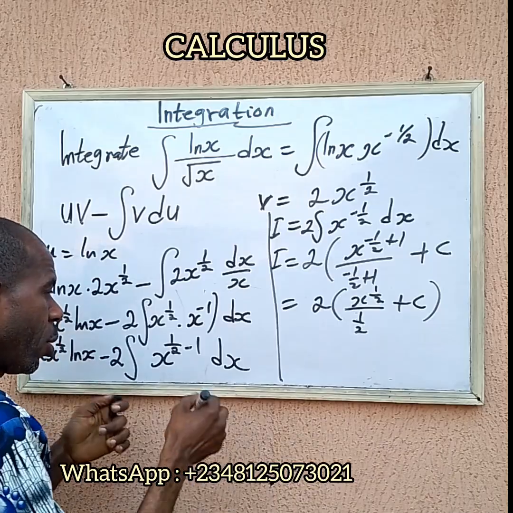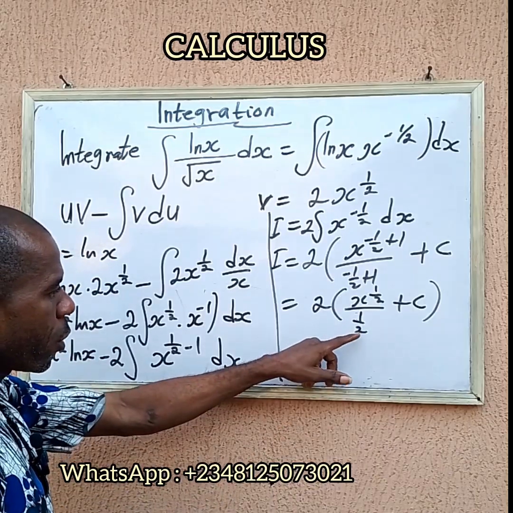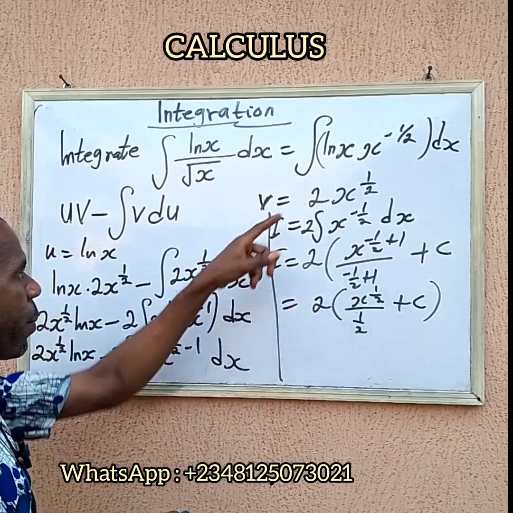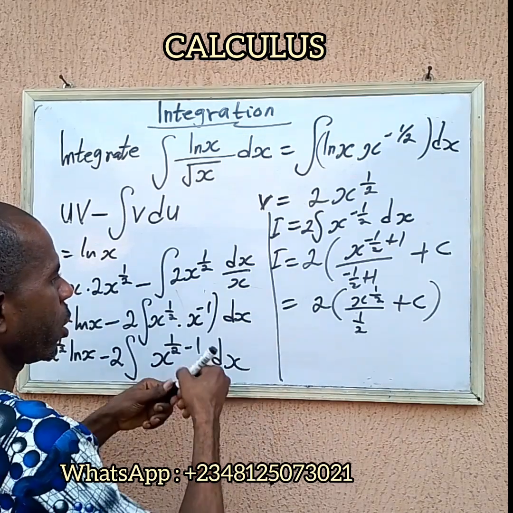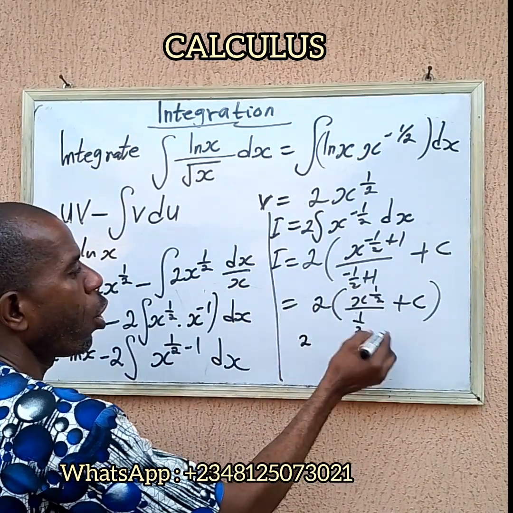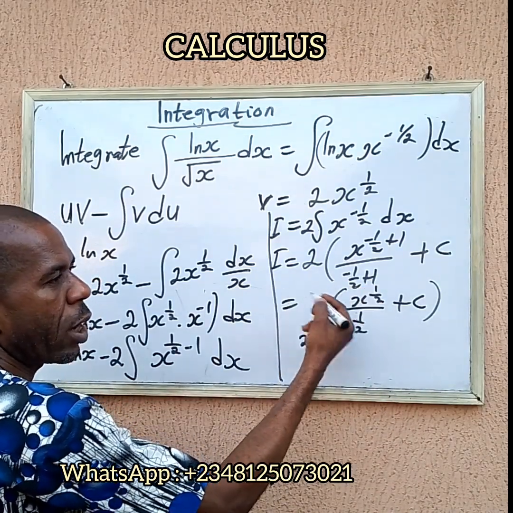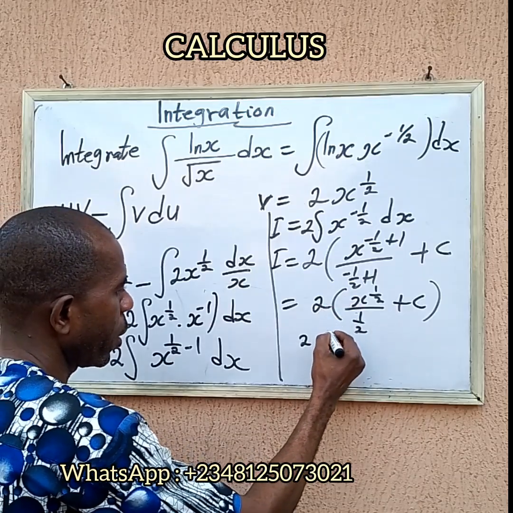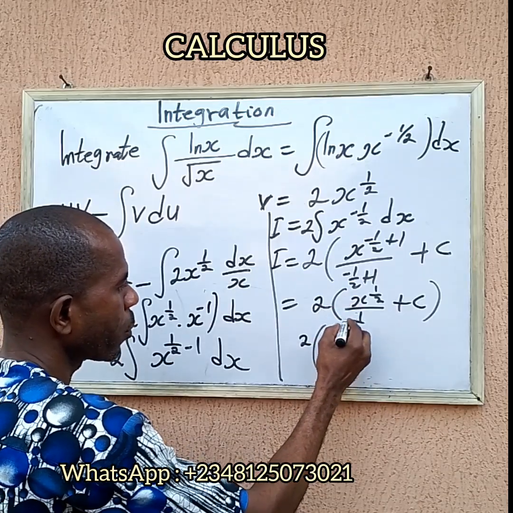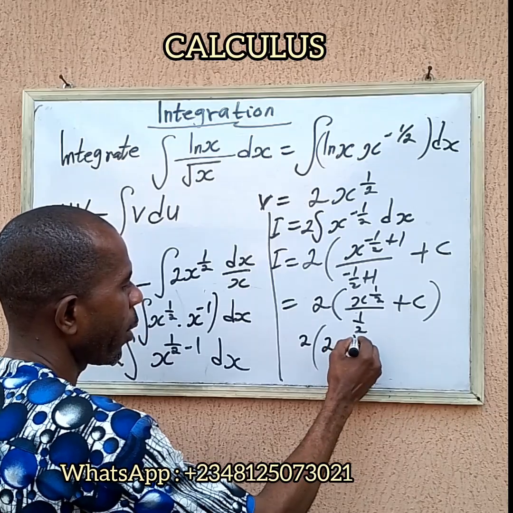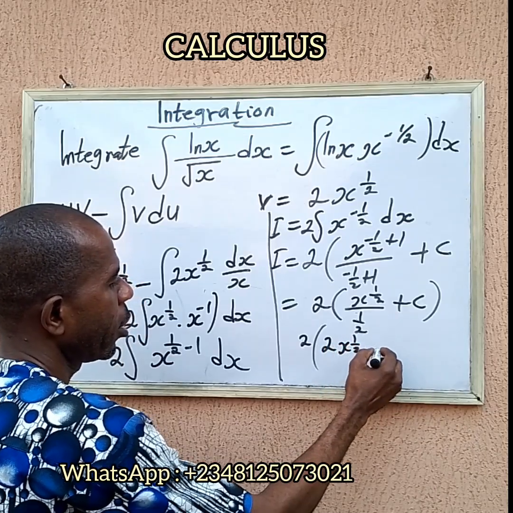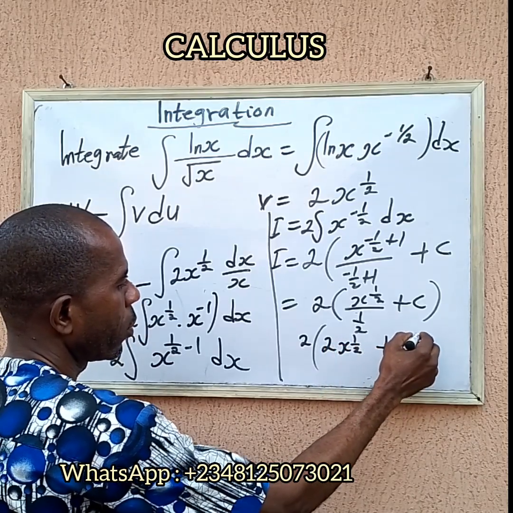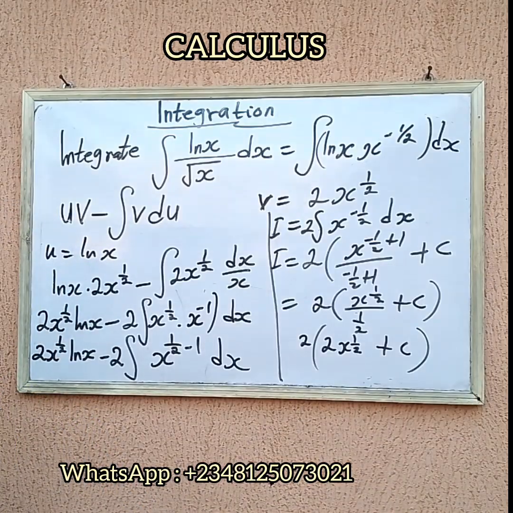Now, what we are going to do, this 2 will go up the way it happened in the first place. So these 2 here can even cancel out these 2, okay? Or we just put it this way, 2 into x raised to the power half plus c.